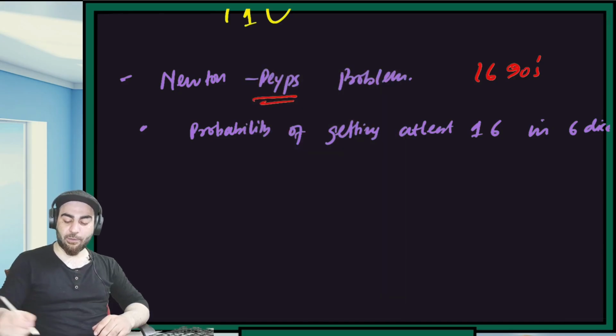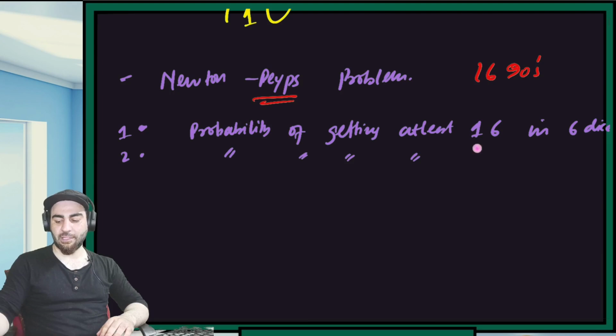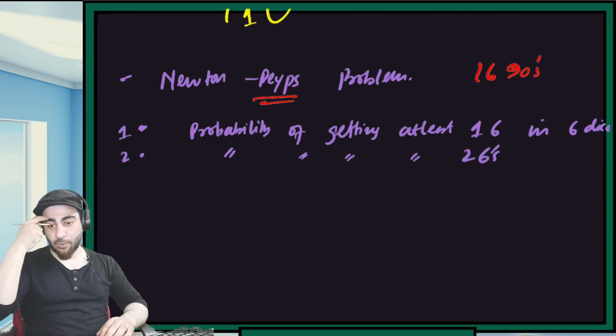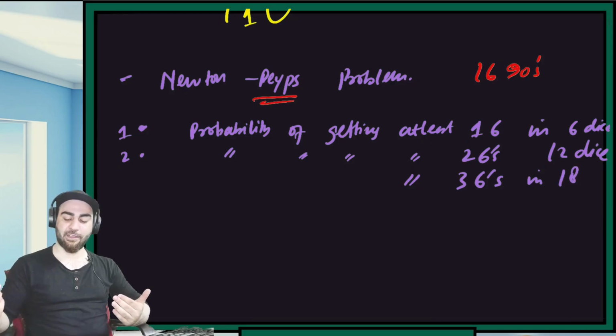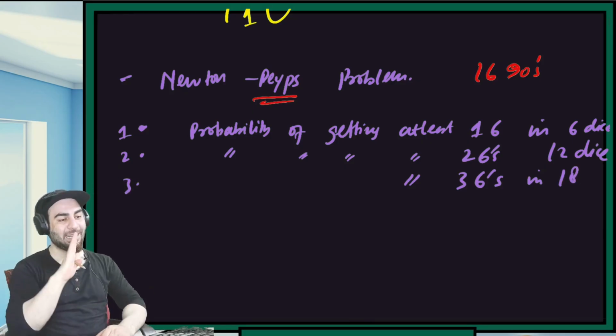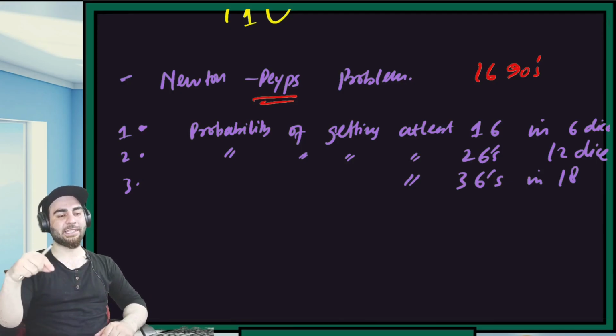So this is 1, and this is 2: the probability of getting at least 2 sixes in 12 dice. And the third case was the probability of getting at least 3 sixes in 18 fair dice. So all the dice were fair. To repeat: the probability of getting at least one six in 6 dice, the probability of getting 2 sixes in 12 dice, the probability of getting 3 sixes in 18 dice rolls.